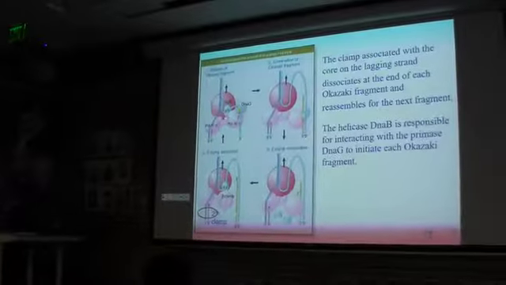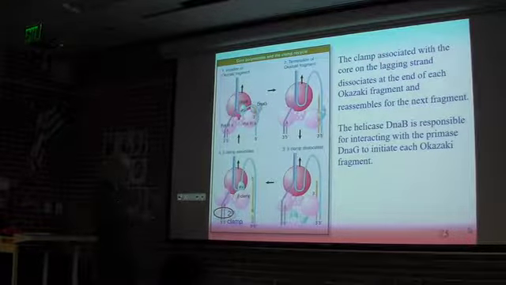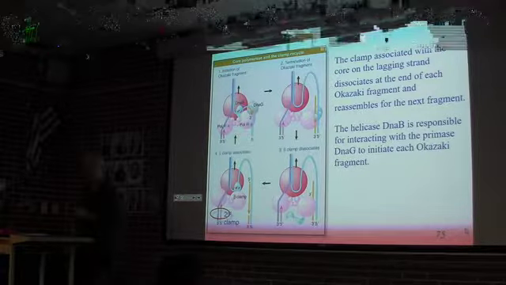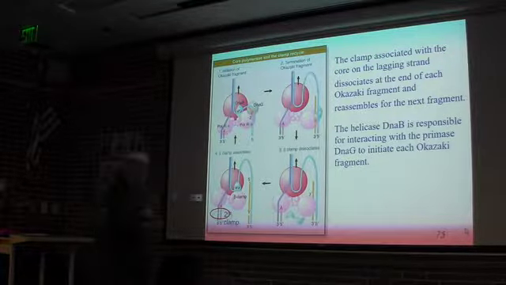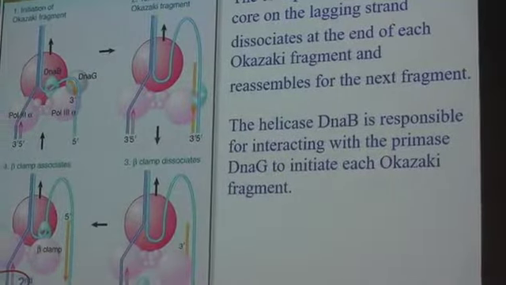What's this about DnaG? DnaG is the primase, not the primer, it makes the primer. It's a modified RNA polymerase or specialized RNA polymerase that is only active when it makes contact with DnaB, the helicase. This keeps it from priming all sorts of places.